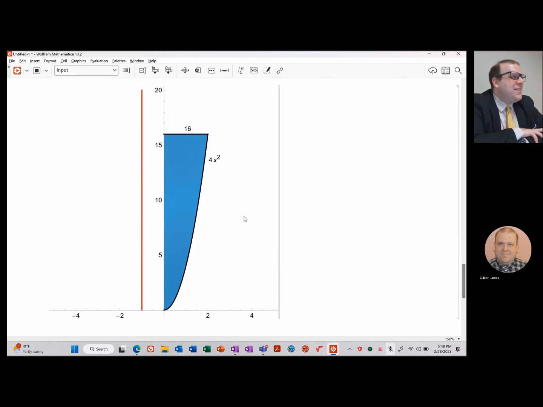I'm going to leave that for a more advanced course. For our purposes, the axis of revolution is never going to be in the region that you're rotating. Just wouldn't make sense.